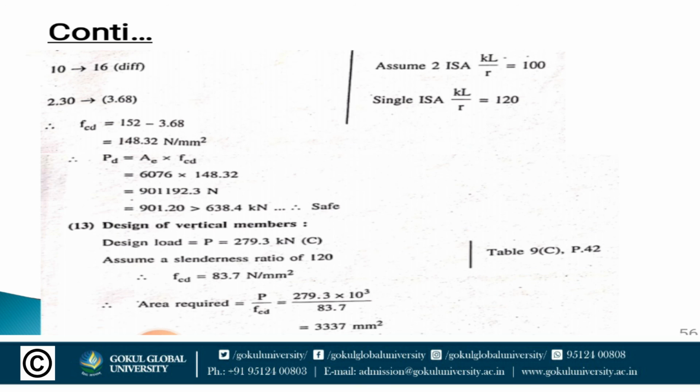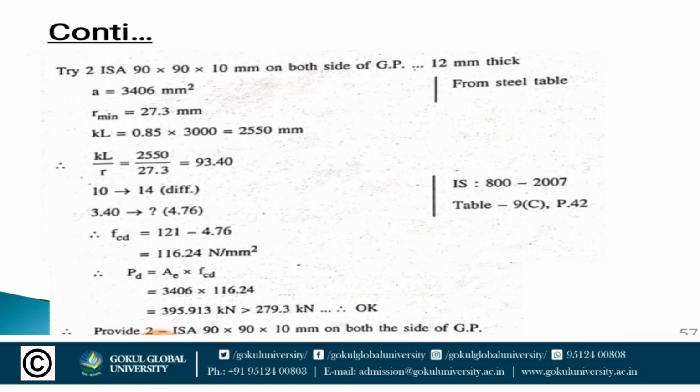Design of vertical member. For the vertical member we have the design load. Assume the slenderness ratio. Again, the vertical member is designed as a compression member, so it is designed similar to the top chord member. So area we got is P divided by fcd. Now we go to table number 9C, page number 42. So try ISA 90 by 90 by 10 mm on both sides of the gusset plate, which is 12 mm thick.